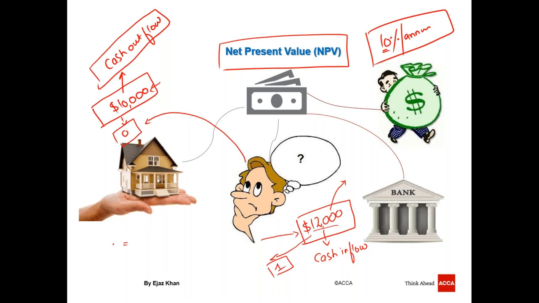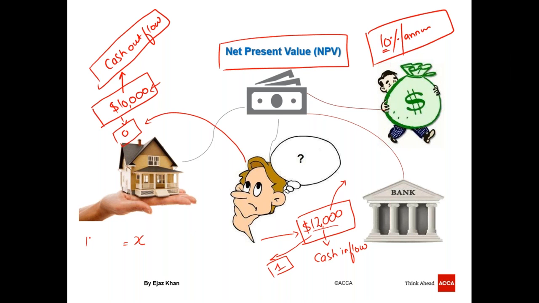So if we assume that the company is going to invest X dollars for these $12,000, the company will have to make sure that whatever cash inflow it generates should at least recover the amount invested plus the 10% return on that amount.